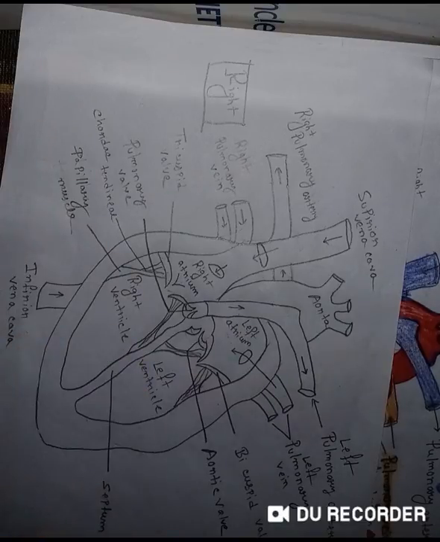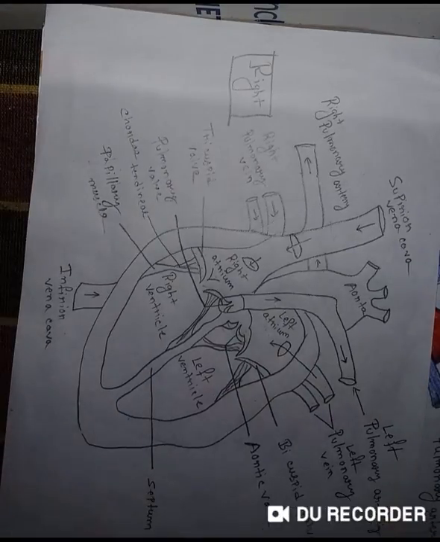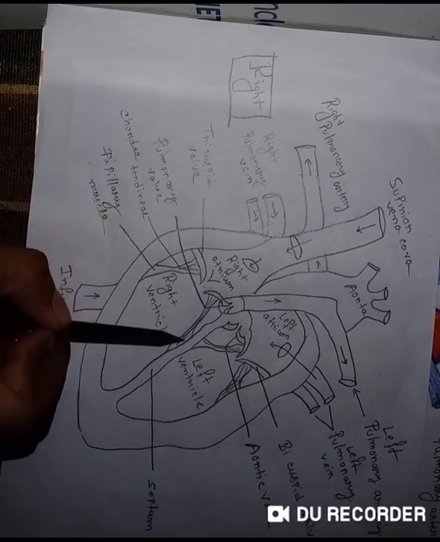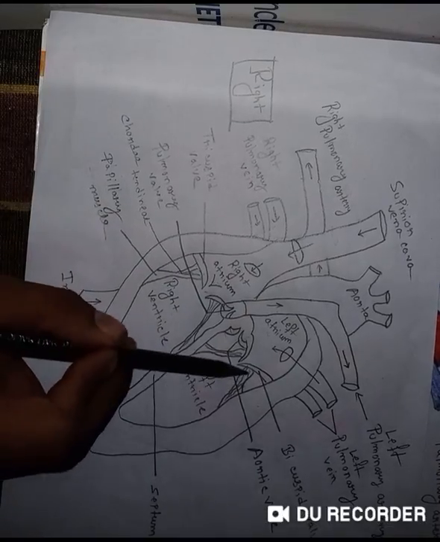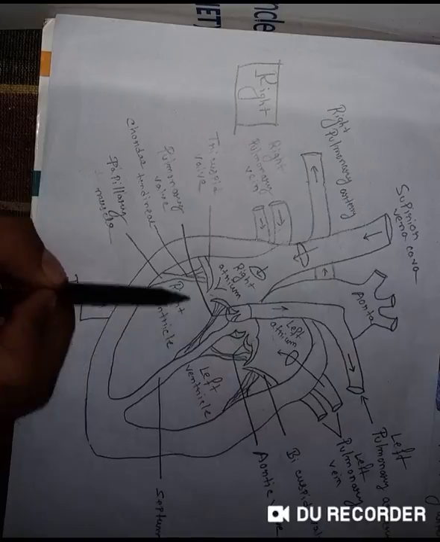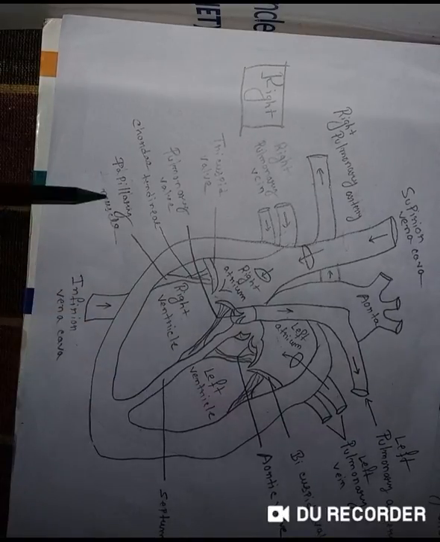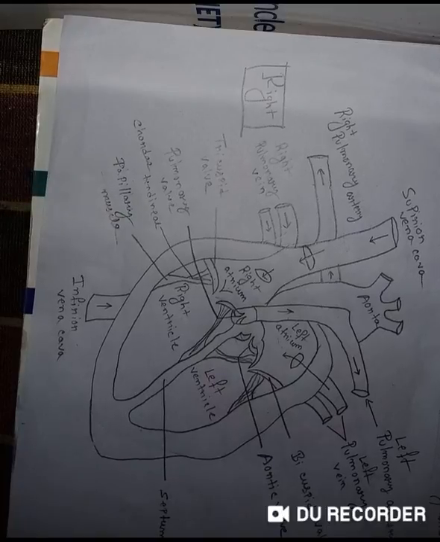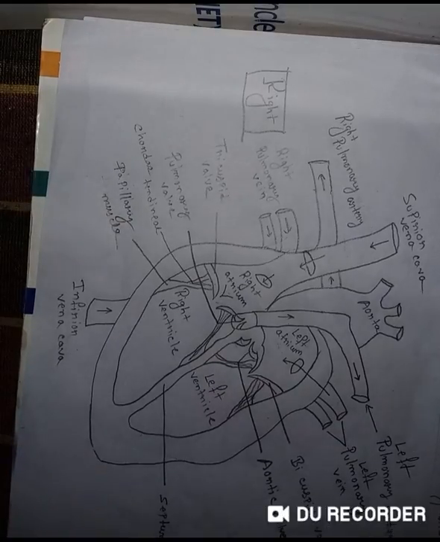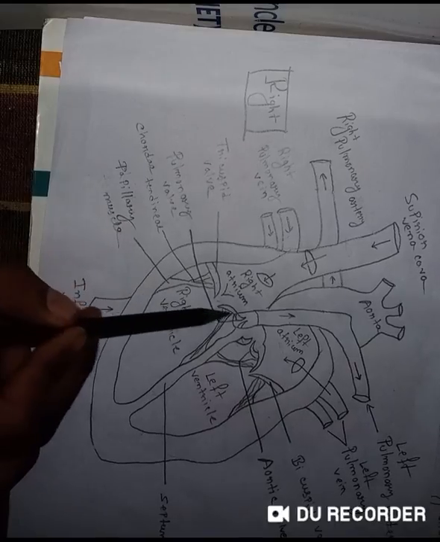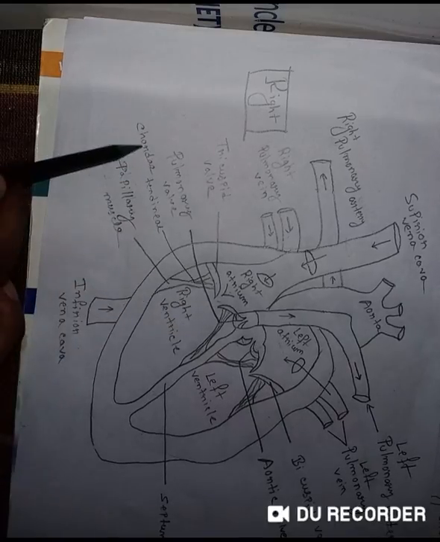This is the basic. Now apart from all these, you can see a few more structures, like some muscles and tendons. These muscles are called papillary muscles. This papillary muscle joins with the leaves of the valves through the chordae tendineae.